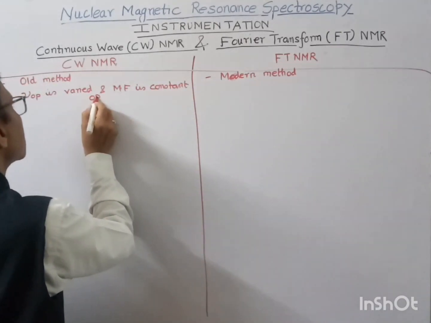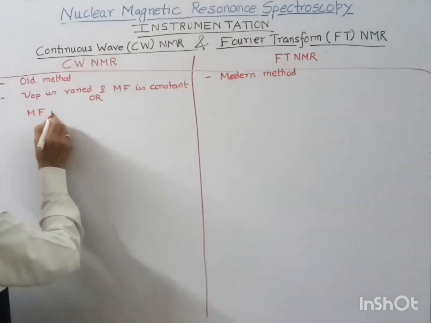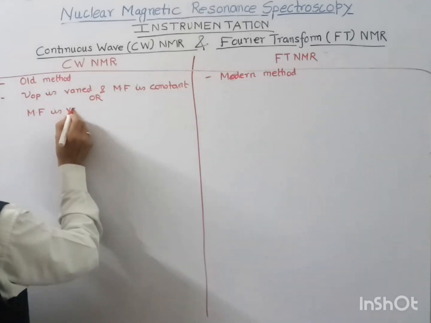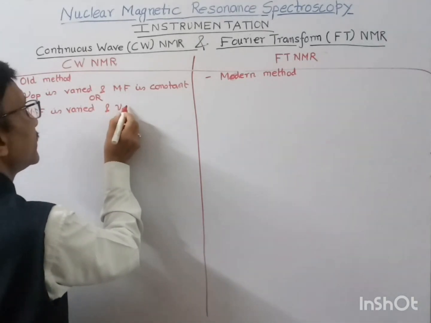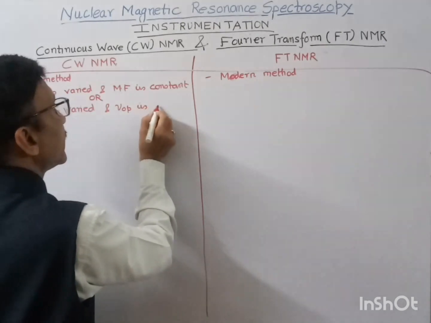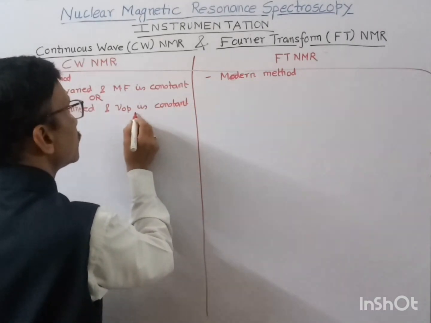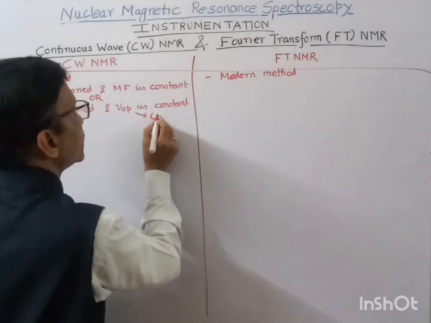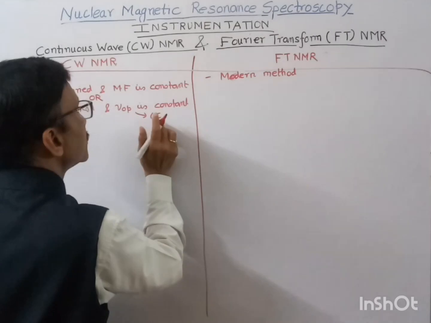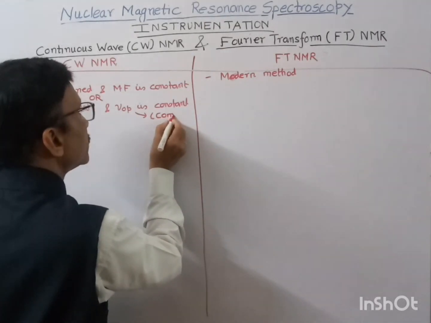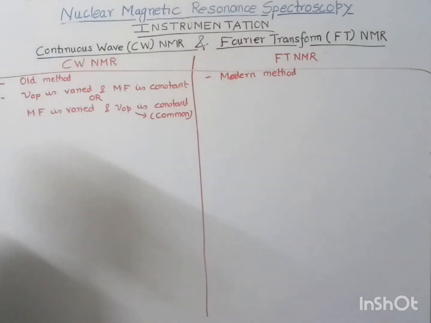Or otherwise, the magnetic field is varied and the operating frequency is kept constant. So what I told you, this is the common type. This is usually used. This is the most common type of NMR spectrophotometer.